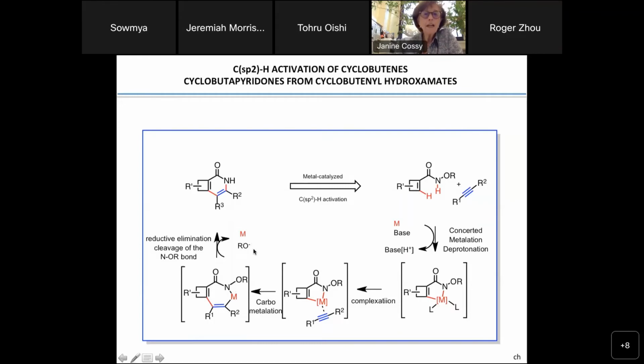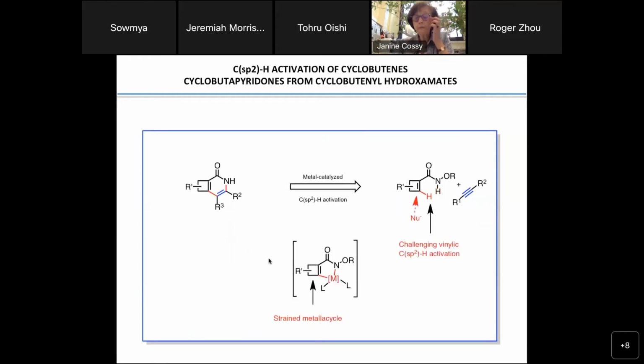So we tried to do this reaction, but we were aware that it was not so obvious. There are some challenges. For example, this activation of a CH bond, a C(sp2)-H bond, is pretty challenging. It's a vinylic one. The other thing is that you have an electron withdrawing group.